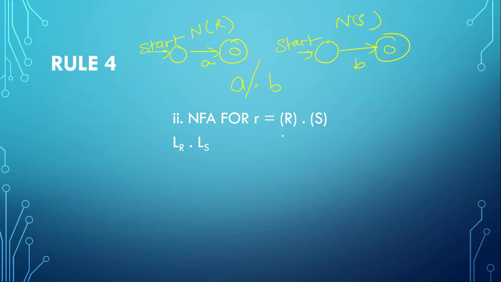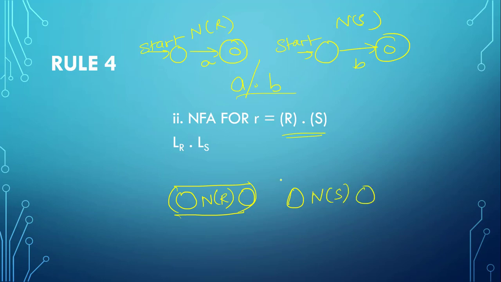Now when we combine these two sub-expressions to create the NFA for A dot B, we place these two NFAs one after the other. N of S will have its last state as the final state, we will connect these two with epsilon, and the first state of N of R will be our start state.